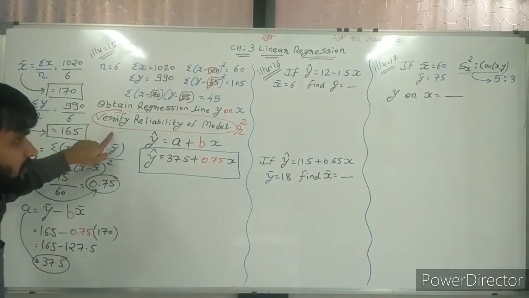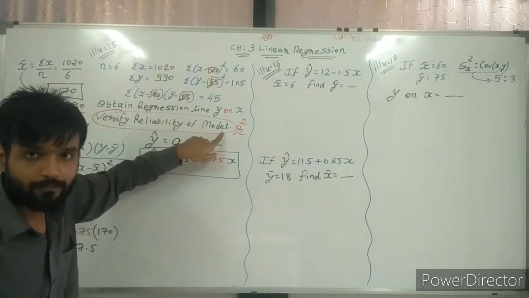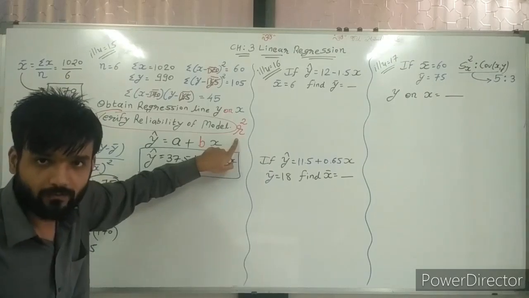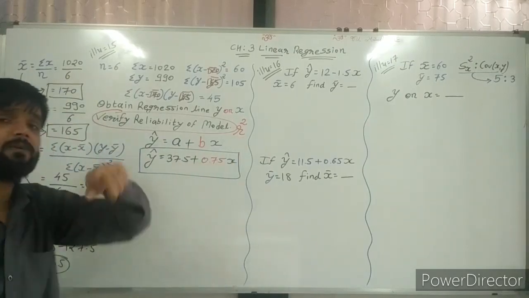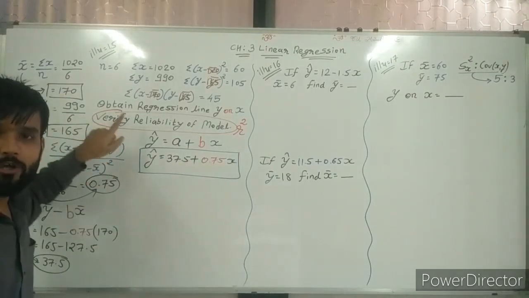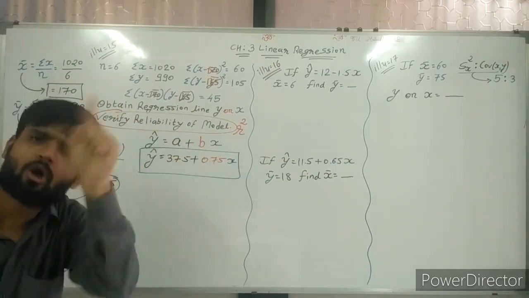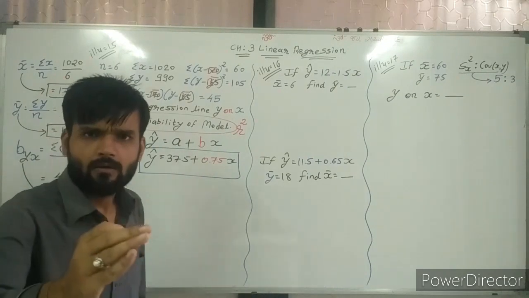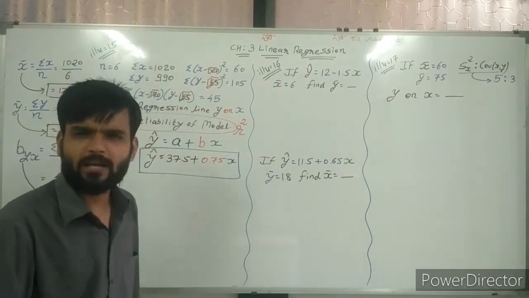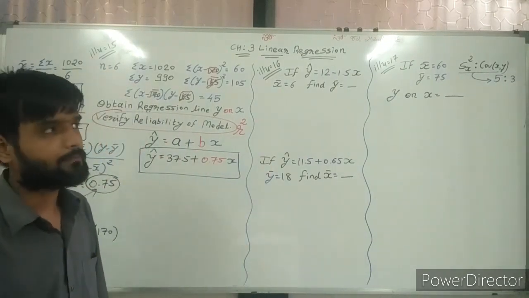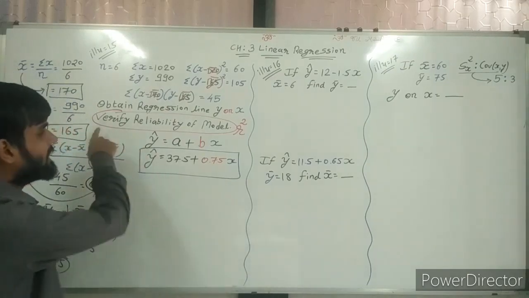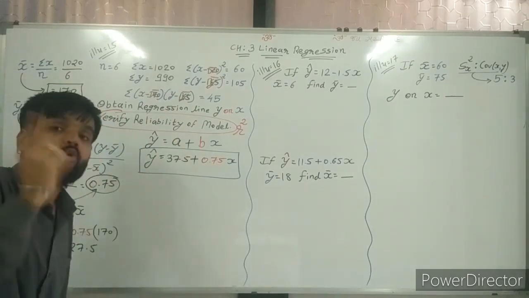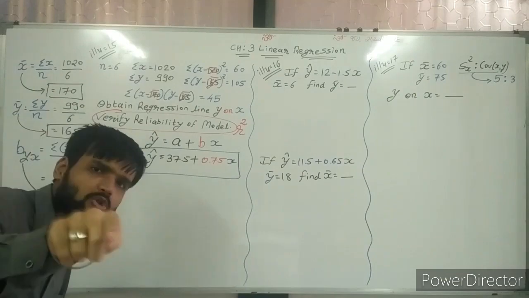So verify reliability of model means R square. If it is given to find coefficient of determination, then also you need to find R square. And this is a one marker question also. So verify reliability of model means R square. Coefficient of determination also means R square.